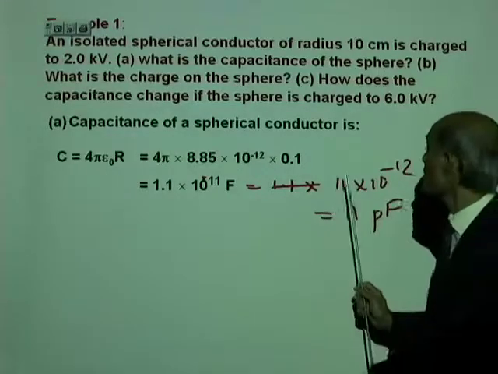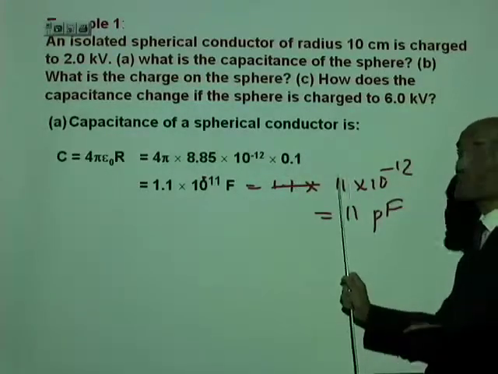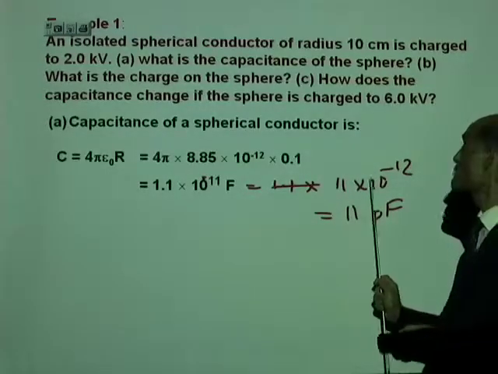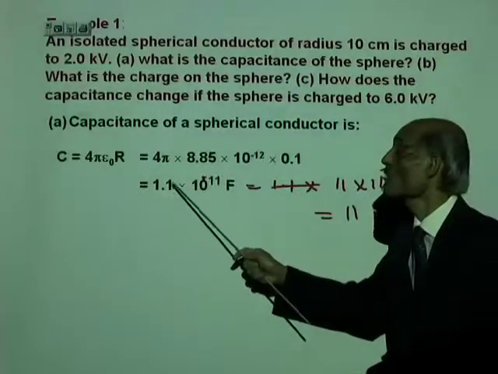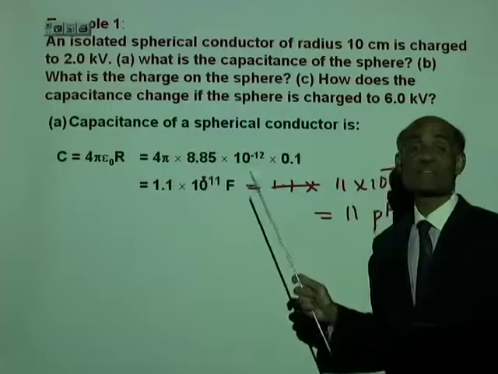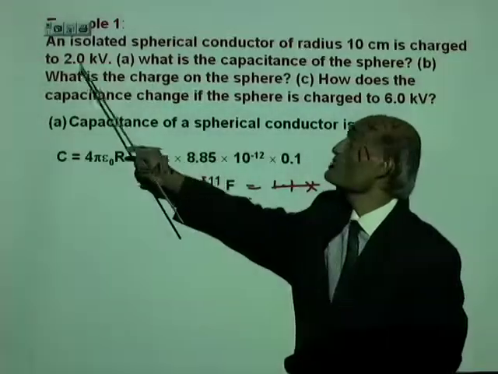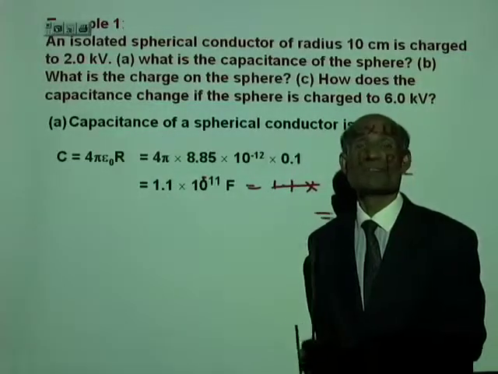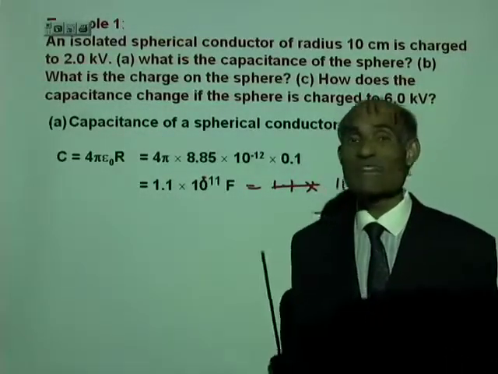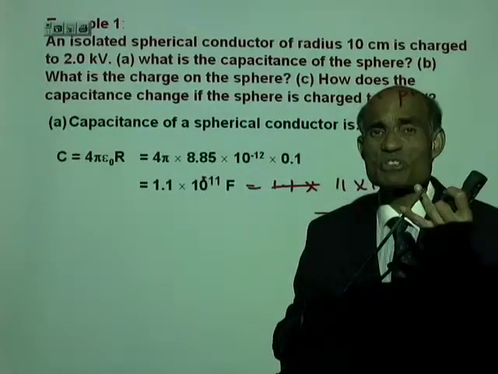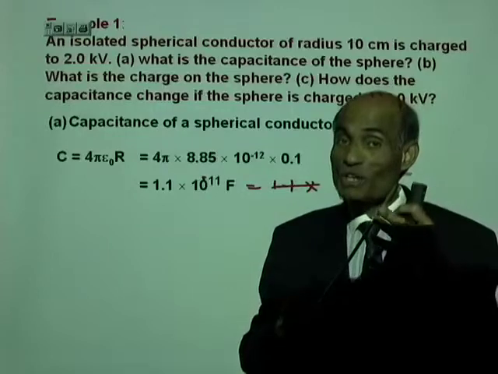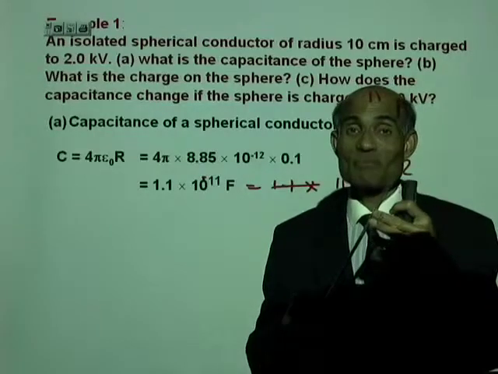Well, we know its capacitance. Its capacitance is 11 times 10 to the negative 12, or 1.1 times 10 to the negative 11 farad, and its potential is 2 kilovolt. Now, do you know a relation that exists between capacitance, potential, and the amount of charge?